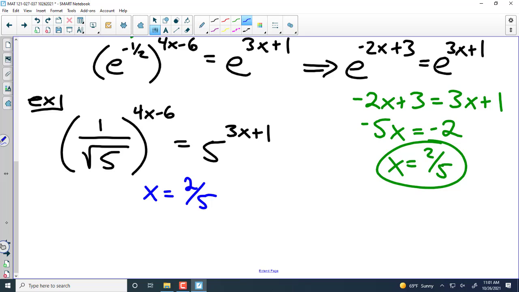What if they don't match? If they don't match, then we've got to use a different technique that we'll learn in a later section, which can happen.